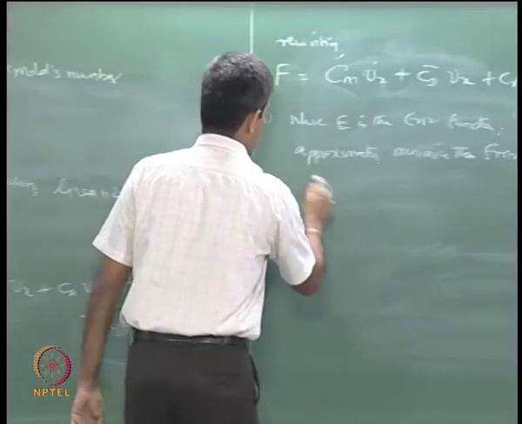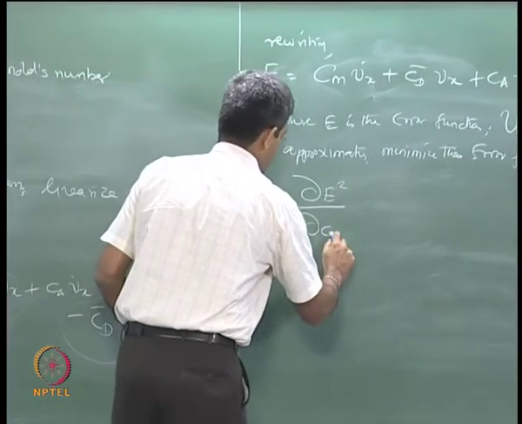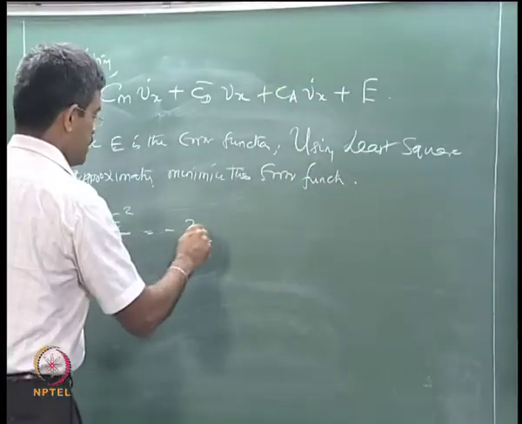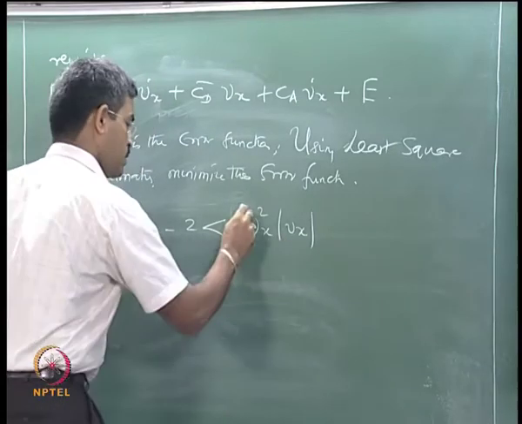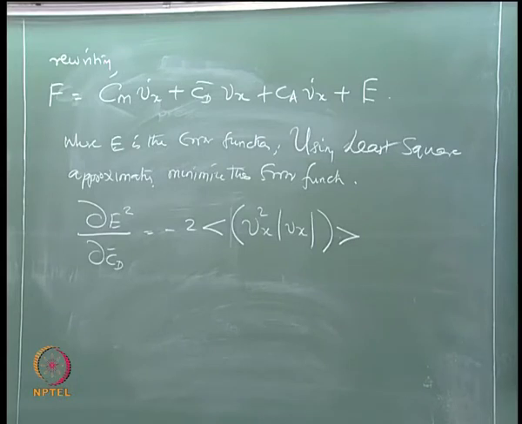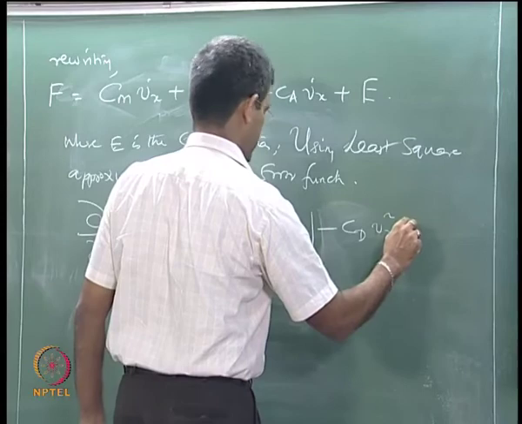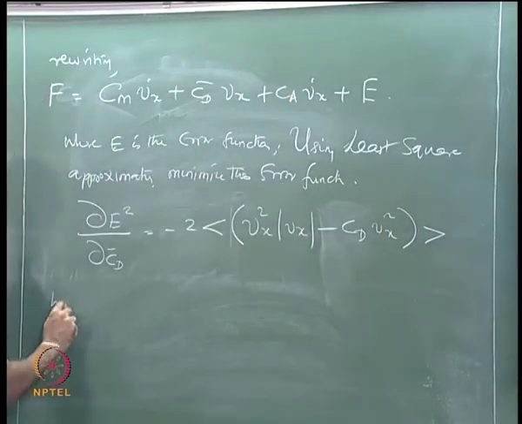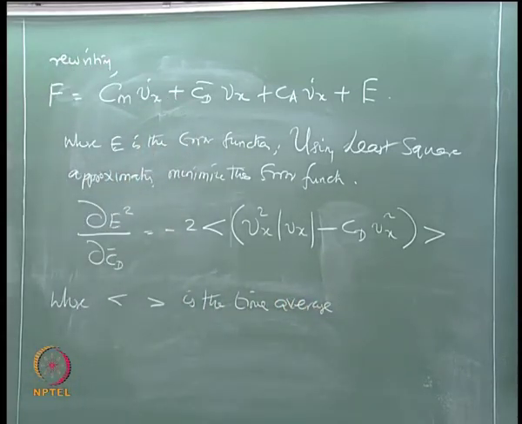So, the derivative of this error function with respect to the Cd bar is simply given by minus 2 of, where the symbol is the time average. And that to be set to 0.